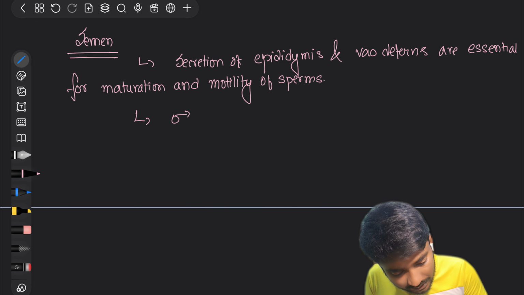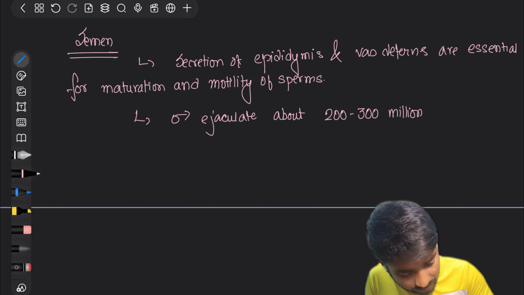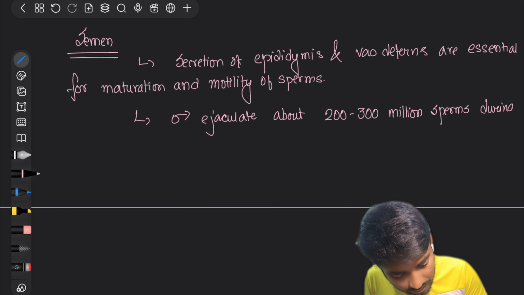A male ejaculates about 200 to 300 million sperms during a coitus.